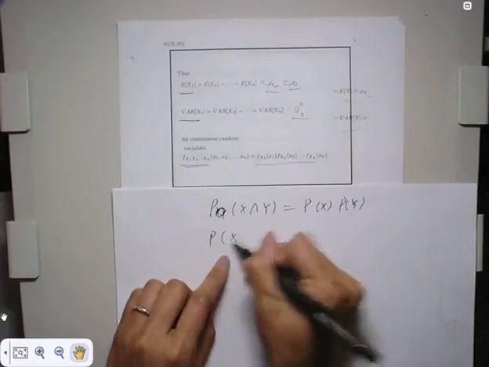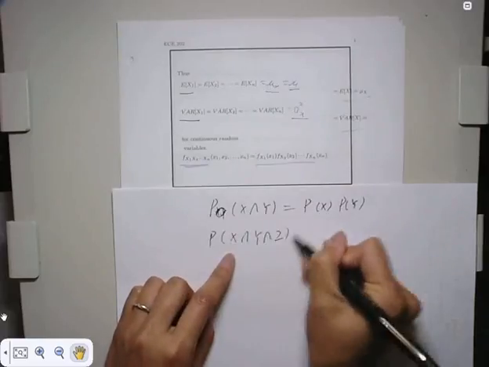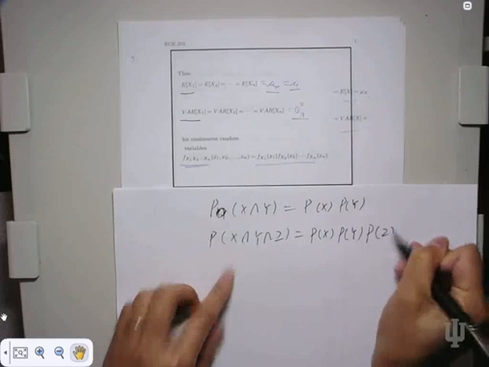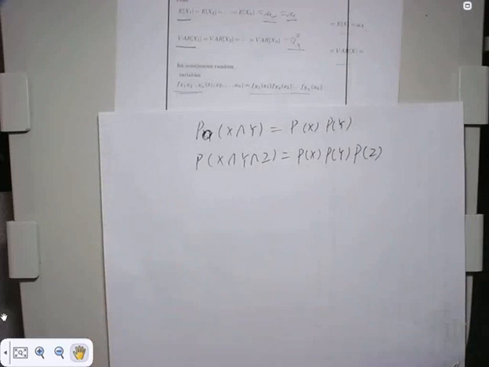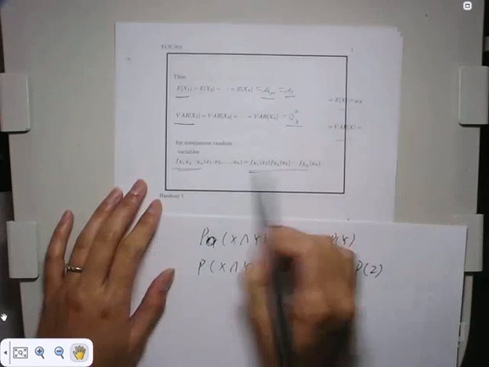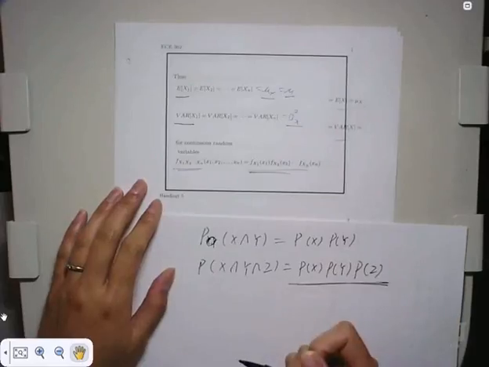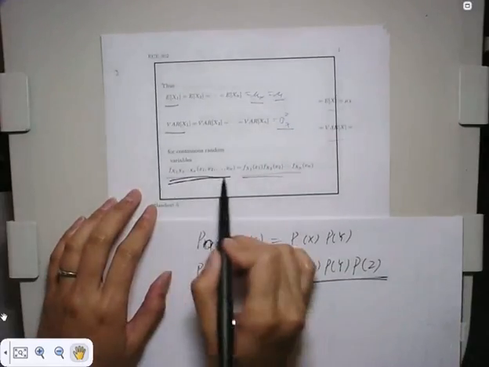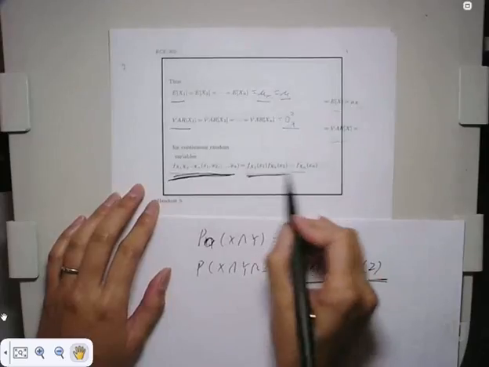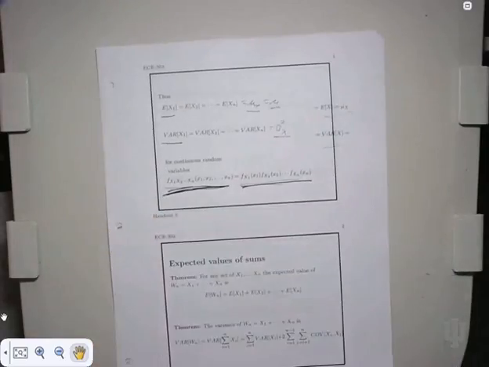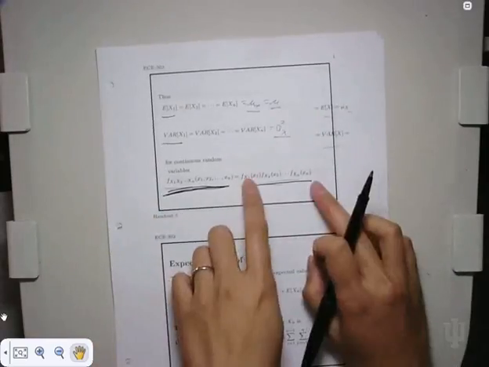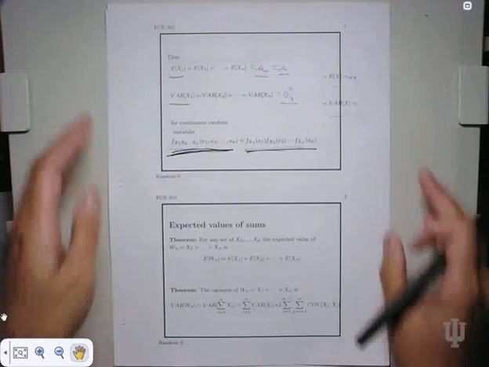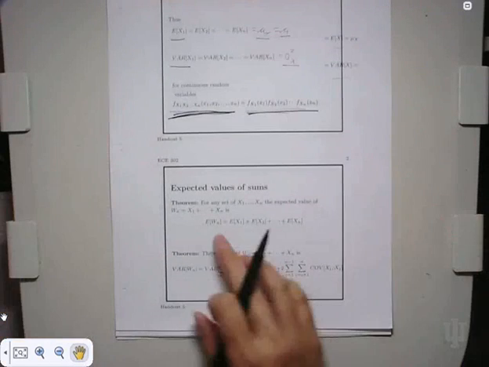And we know this. Also, for the continuous case, it has to be a density function here, right? So the joint density function is the product of all the density functions of each one, right?